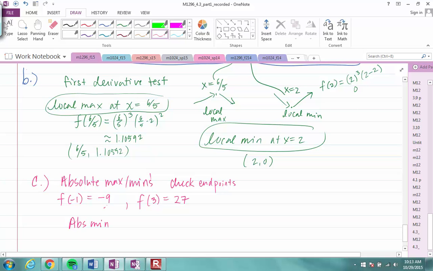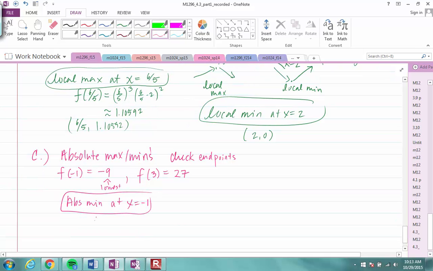Because this value of -9 for the y-coordinate is the lowest, we have an absolute min at x equals -1, or the point would be (-1, -9).